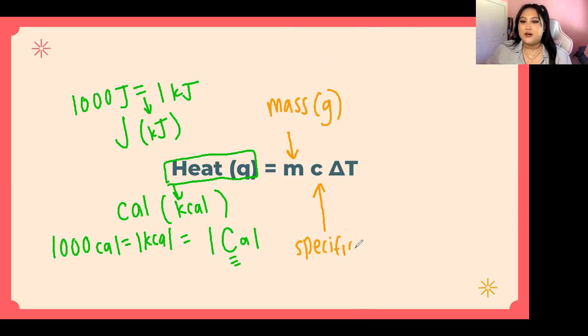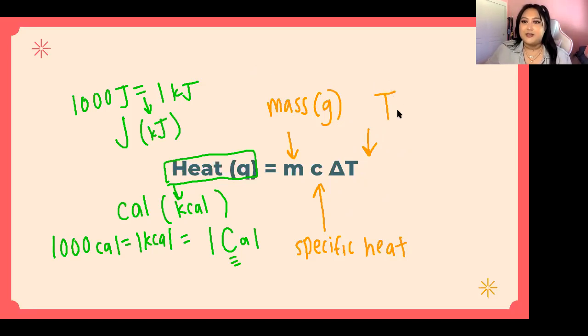Specific heats are dependent on what substance it is. In this class, you'll most likely just run into water, and it's always given to you in the problem. And then the final part is this delta T, which, can anyone tell me what that means? Change in temperature, perfect.